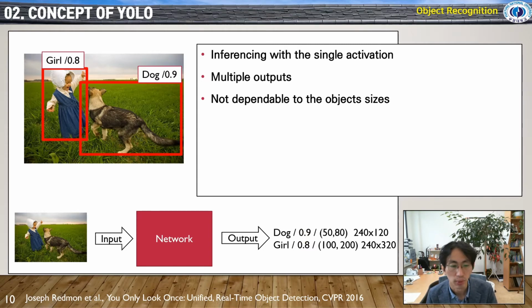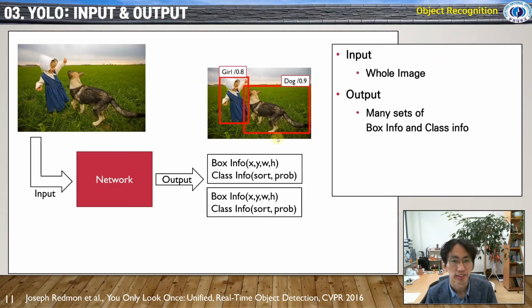This is one example of output for this image. So the network is trained to make this output directly. That is the basic concept of YOLO. Sorry, this is not the sliding window.